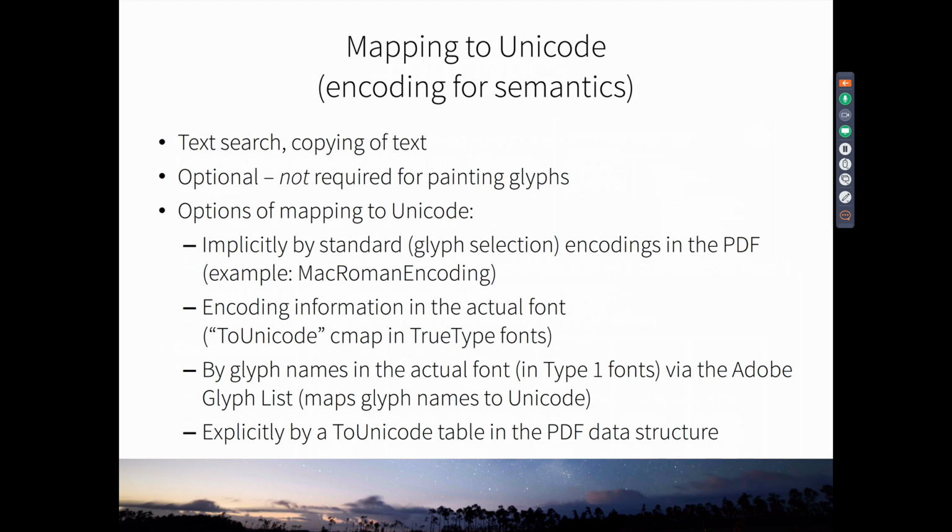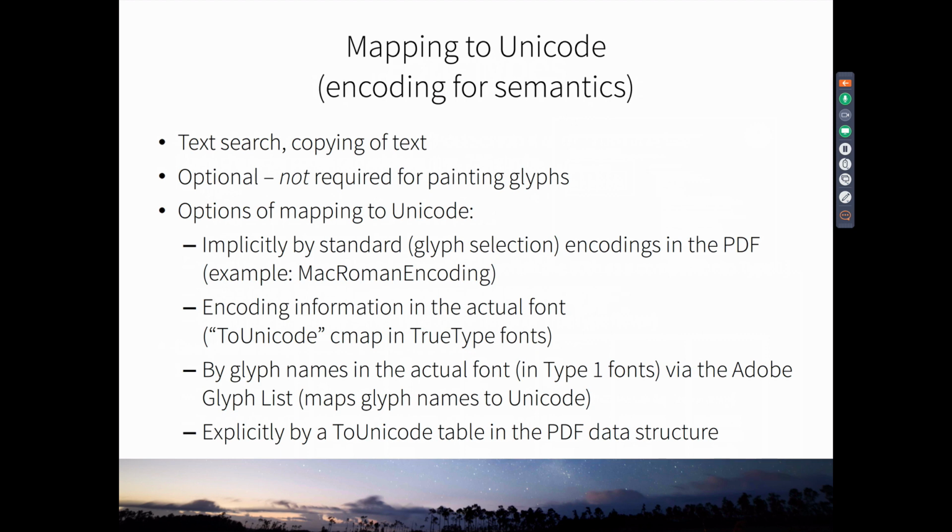You can also have a ToUnicode CMap, and then that would translate from glyph IDs to Unicode code points, or in other cases you can use the Adobe glyph list. I said before, the glyph list translates glyph names to Unicode code points. Or finally, you can have another ToUnicode table, this time not in the TrueType font, but in the PDF data structure itself.